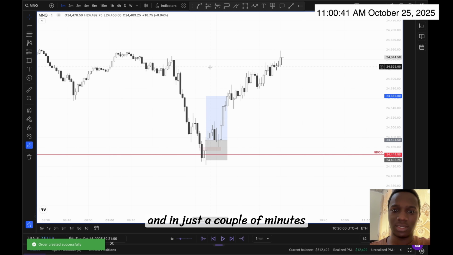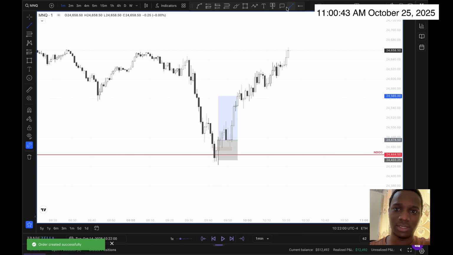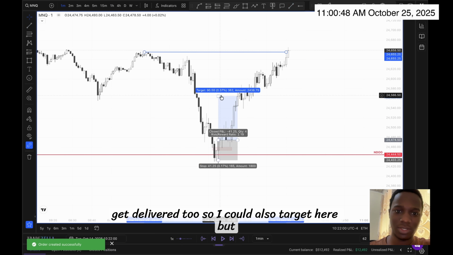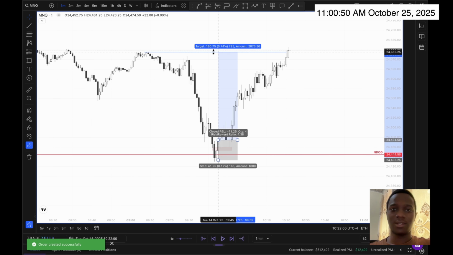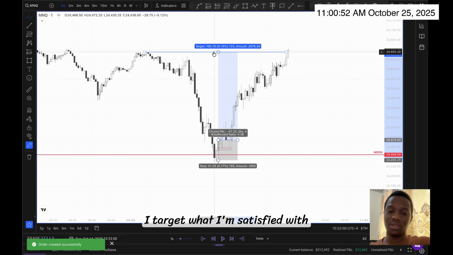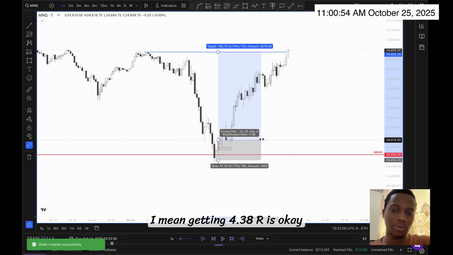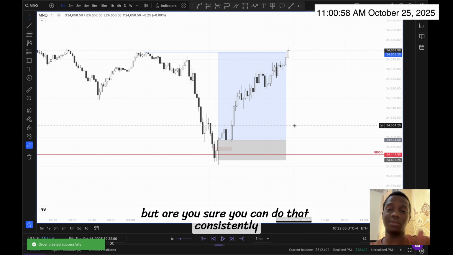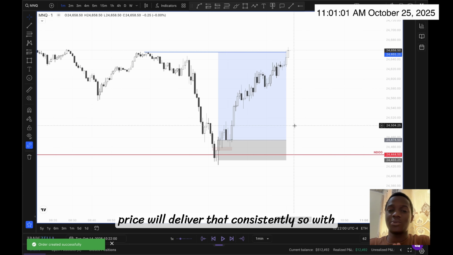And in just a couple of minutes, the relatively equal highs get delivered too. So I could also target here, but I target what I'm satisfied with. I mean, getting 4.38 R is okay, but are you sure you can do that consistently? Are you sure price will deliver that consistently?